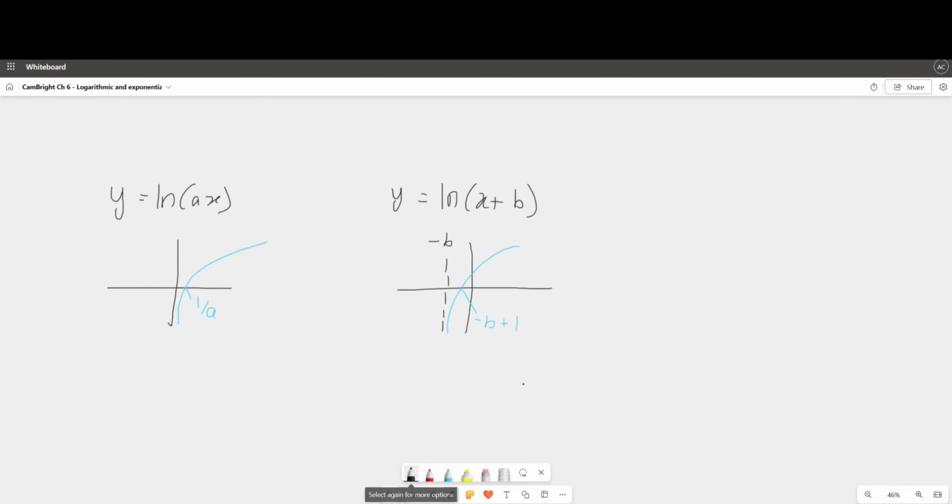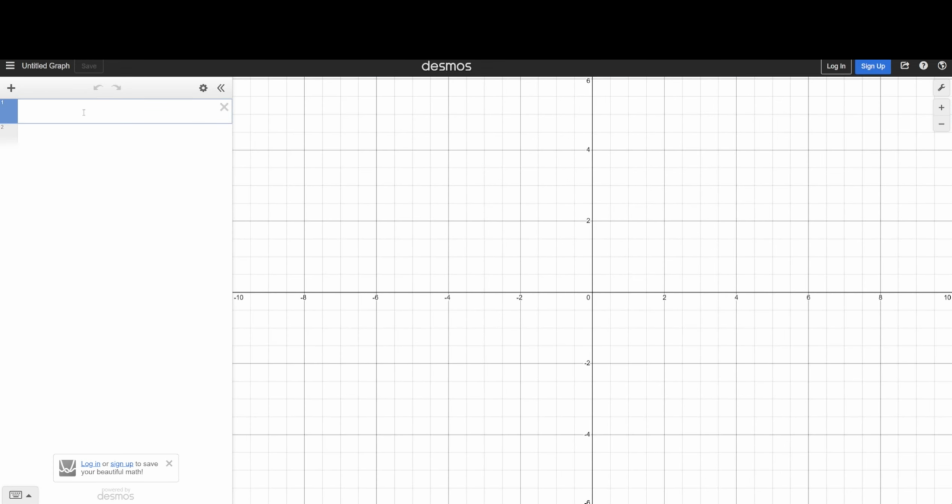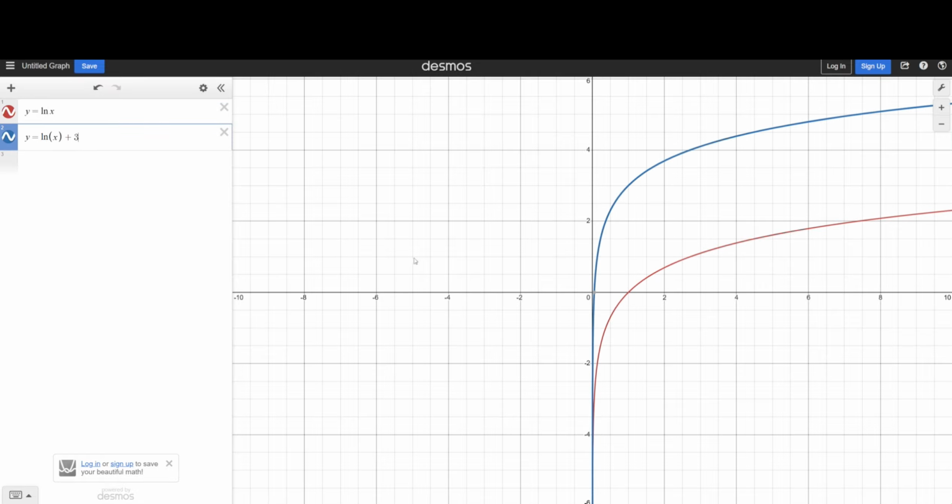If it was outside, y equals ln x plus b, your graph is actually bound to look something like... actually, that won't have an effect that I can think of. Let me reconfirm that. If we look at Desmos over here, you have y equals ln x, and then y equals ln x plus 3.